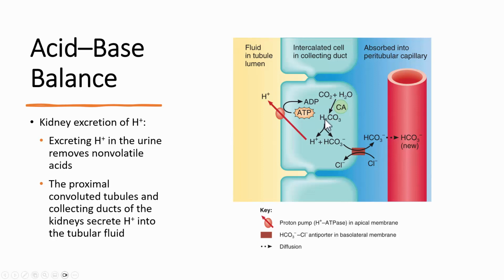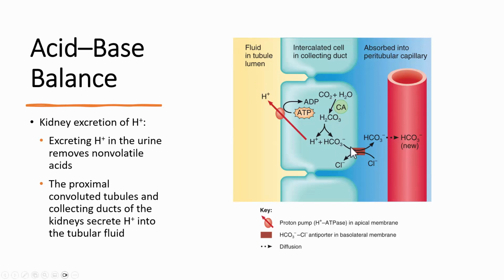That's going to give us H2CO3, carbonic acid, which dissociates into hydrogen and bicarbonate ion. That hydrogen then gets pumped through active transport through this proton pump into the fluid in the tubule lumen and becomes part of the urine, and you urinate that out.